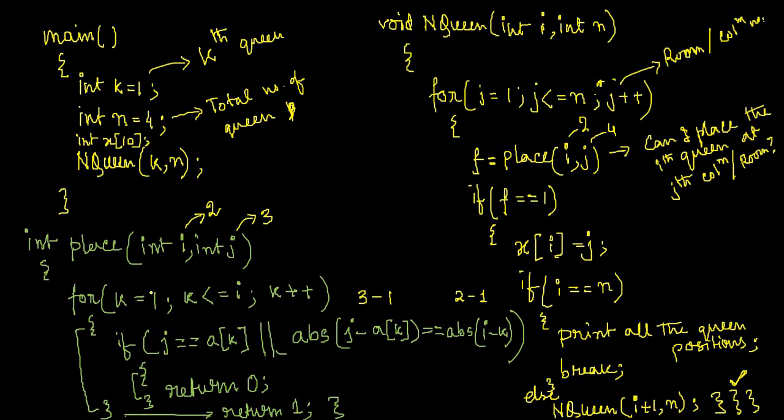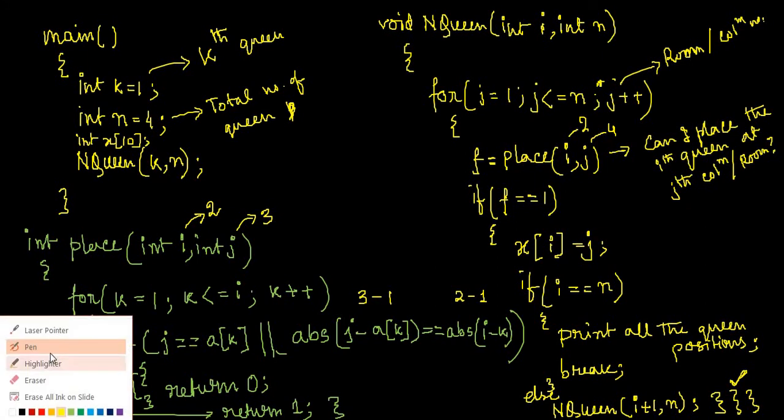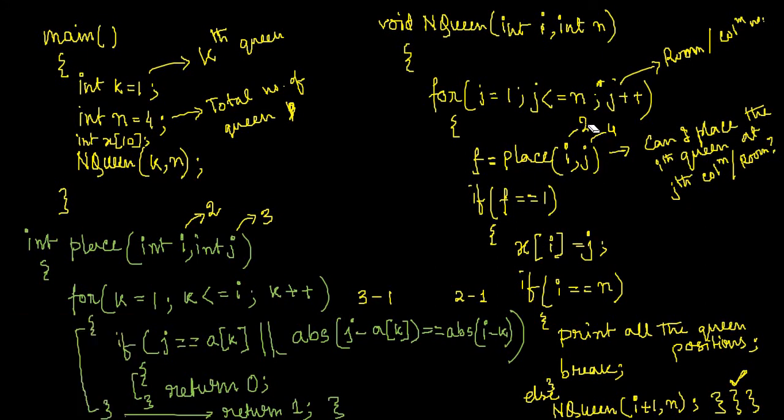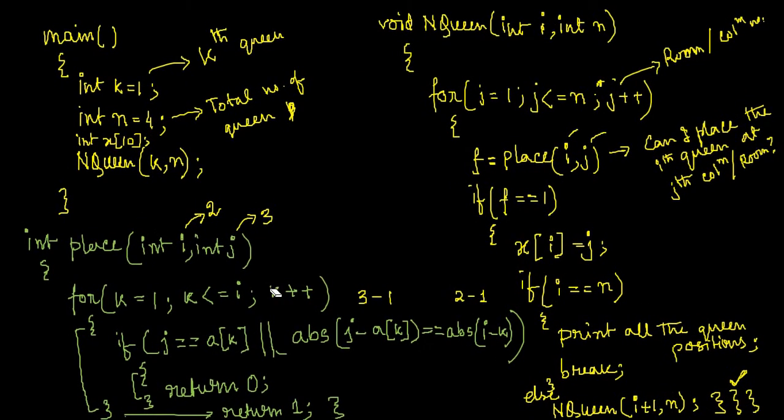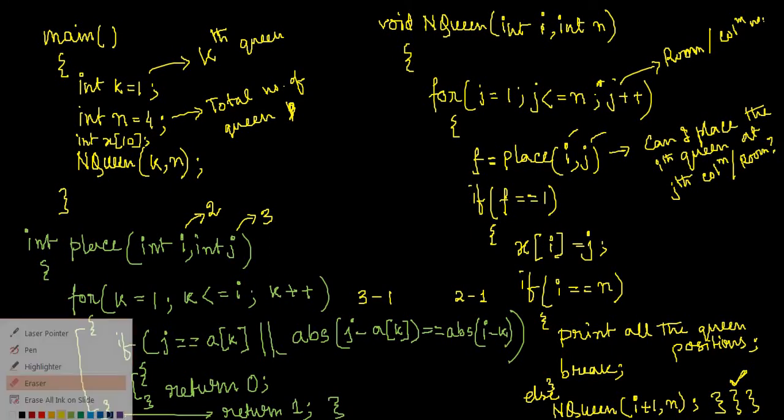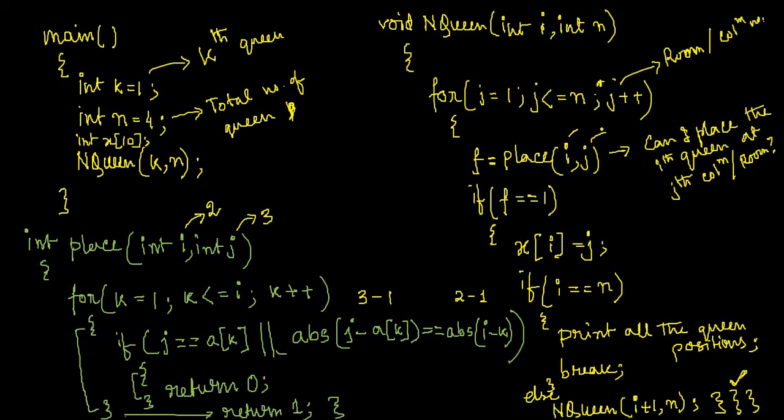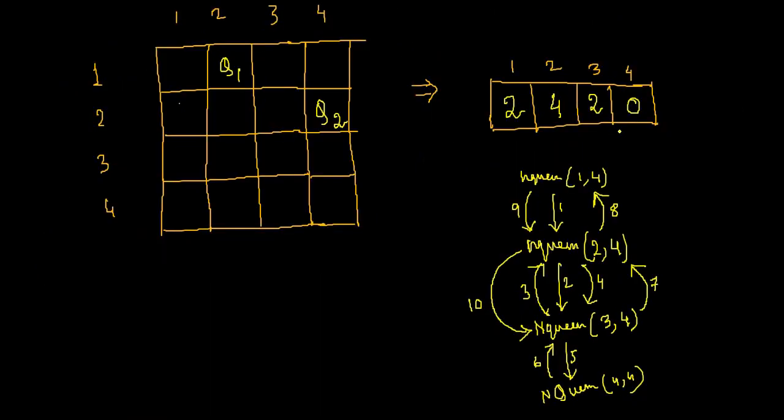It is not diagonal with queen 1 or queen 2, even not in the same column. That means for k equal to 1, I will find out that okay, there is no collision. So for the queen 3, 4 function, it is 3 for position 1, right? Position 1.